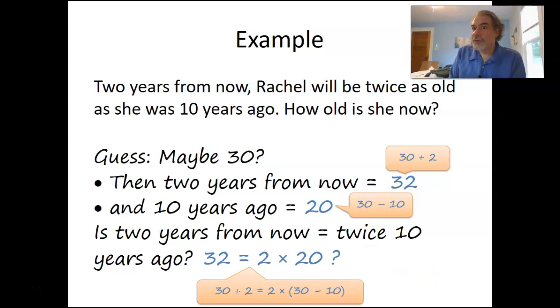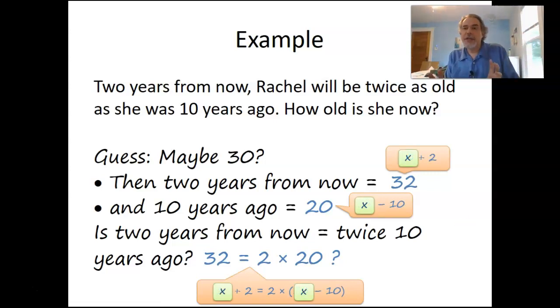That didn't work for 30, but there is a number that it does work for. That's the number we're trying to find. So we could guess again and again and again until we find something that works. But instead, let's say there is a number that works, and for now we're going to call it x.